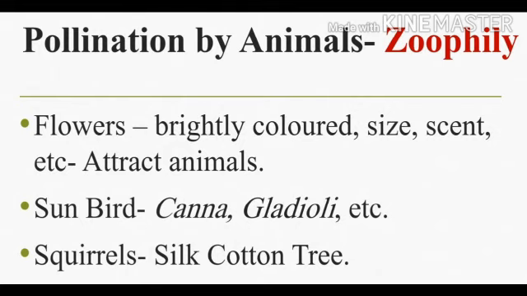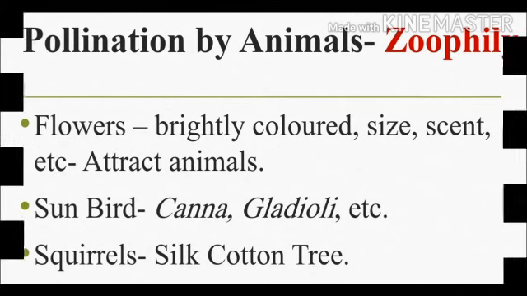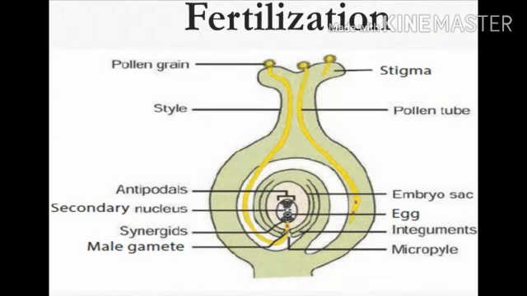After this pollination, fertilization will take place. We can see about this here. Because of pollination, the pollen grains reach the stigma, and we studied that the outer surface of the pollen grain contains the germpore, and this germpore will form a pollen tube at the stigma. This pollen tube will extend towards the style, and it finally reaches the embryo sac through the micropyle.